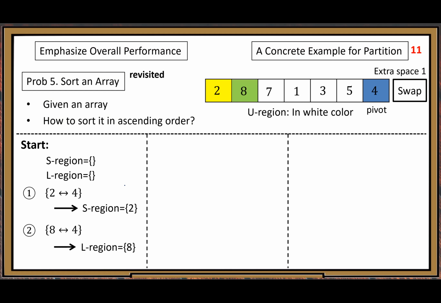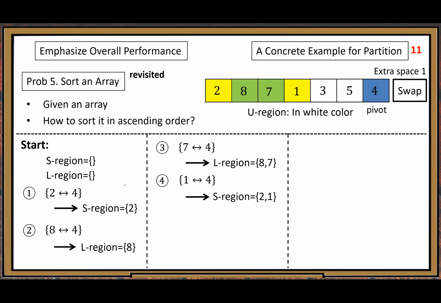Next, that's 7 and 4. 7 is greater than 4, so we place it in the L region. Next one, compare 1 and 4. It's less than 4, so it should be in the S region. We grow the S region to contain 2 elements.